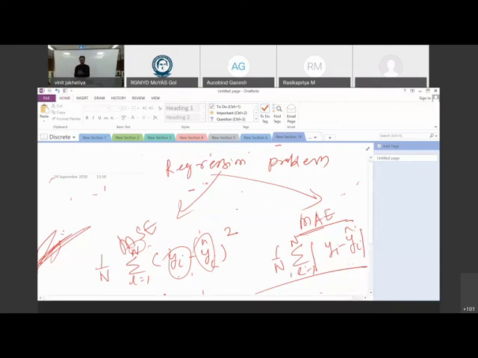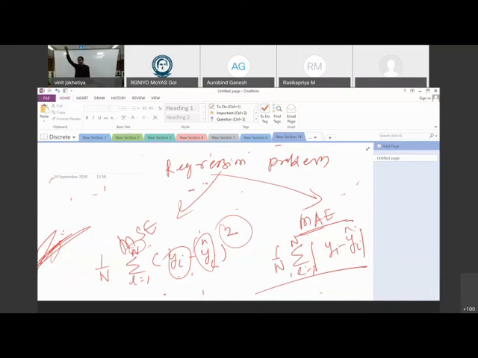The problem with mean square error is that we have a square term here. Let's say one value in my training data was behaving like an outlier. I was trying to predict the price of a house, and one value was an outlier, 1000 million, for example.